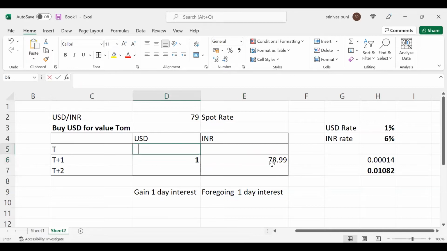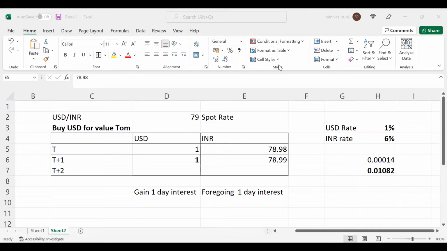So the same $1, if I want to settle for today, I have to pay how much? 78.98 only. Similarly, the seller will only get 78.98. So this is basically the difference that you will see in the rates between term, cash and spot.